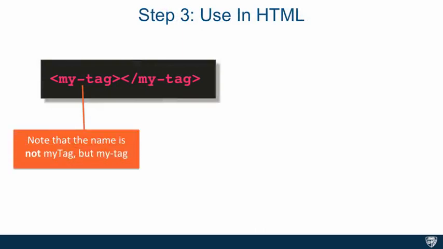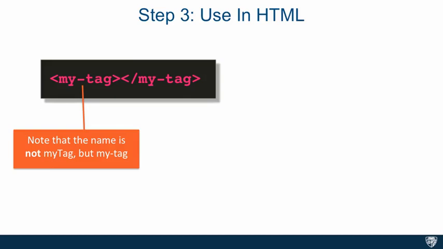Note that the name of the element is not myTag, but my-tag. In order for Angular to match your element or attribute to the name of the directive, it first needs to normalize the name it finds in the HTML. The way it normalizes the name is by removing the dash and then capitalizing the next letter. In other words, it replaces the dash delimited notation with camel case notation. If you're not familiar with camel case notation, it's actually very simple.